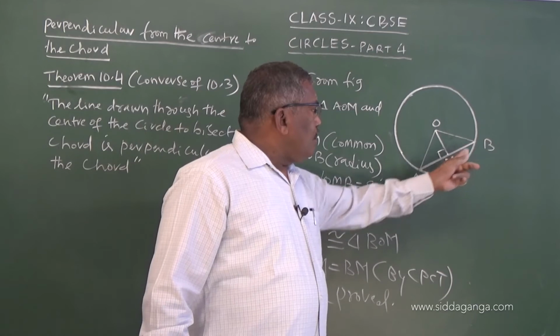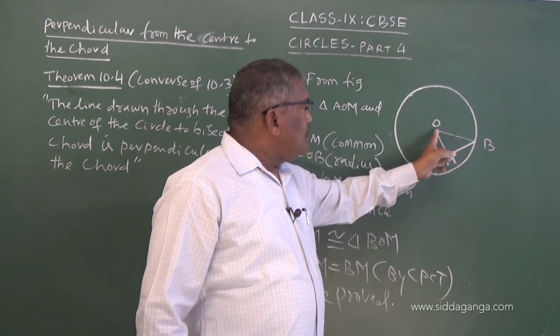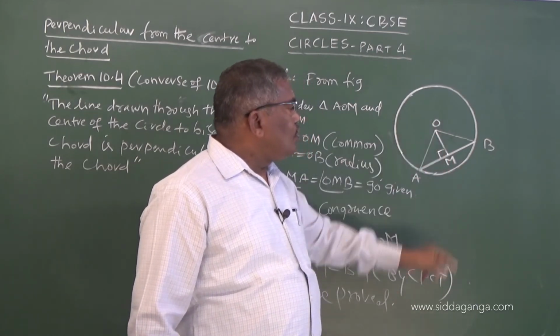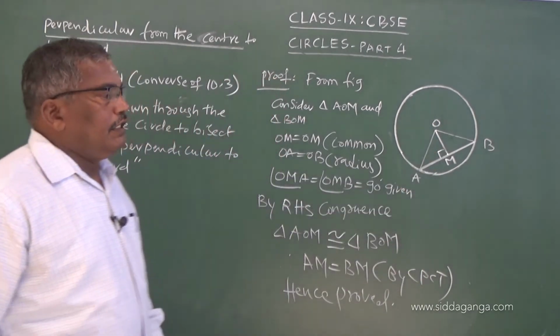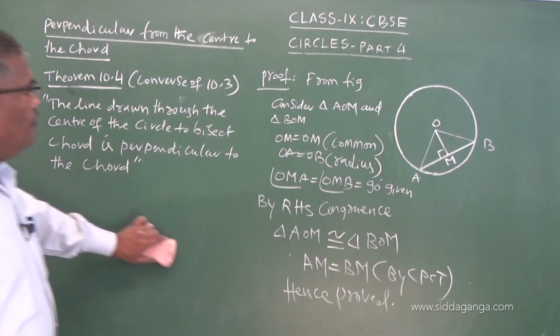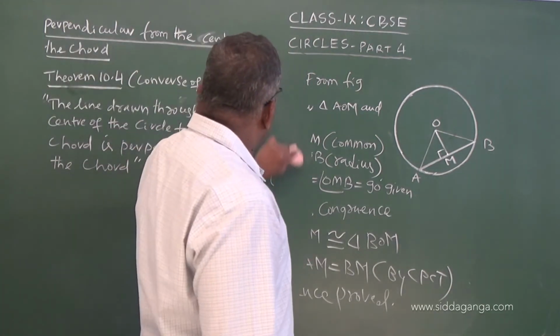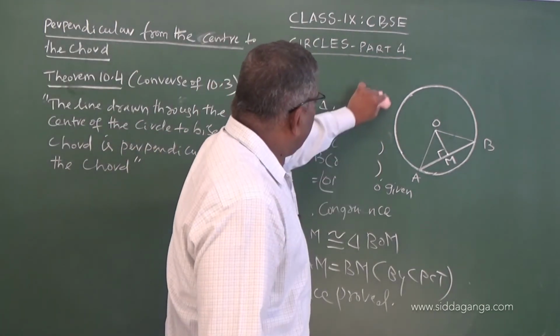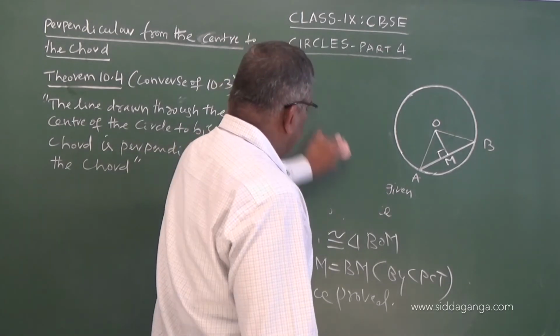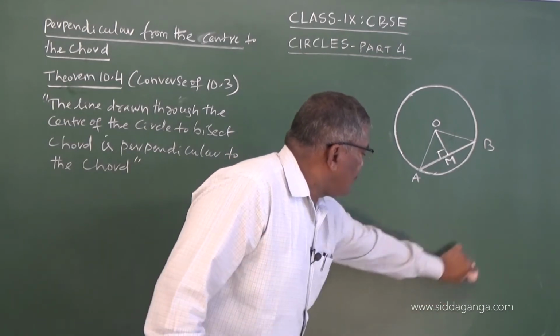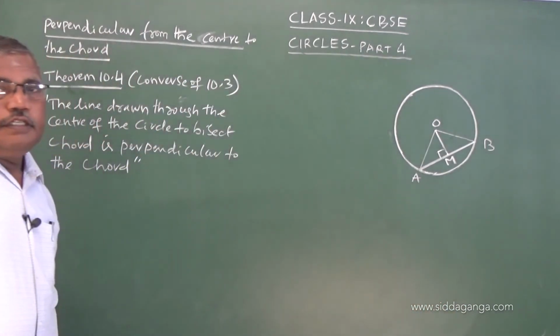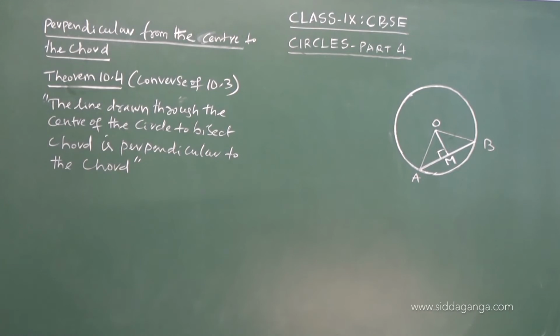These two are equal, and from the midpoint, if a line is drawn, it is passing through O. We have to prove that it is 90 degree. Now I will erase this. The same figure is applicable to this because it is a converse theorem.